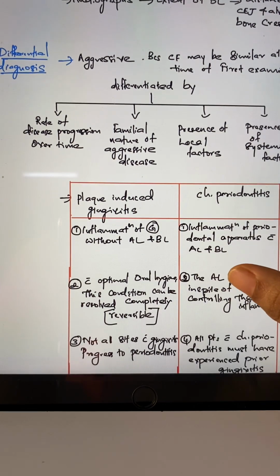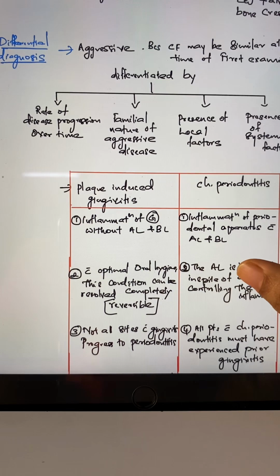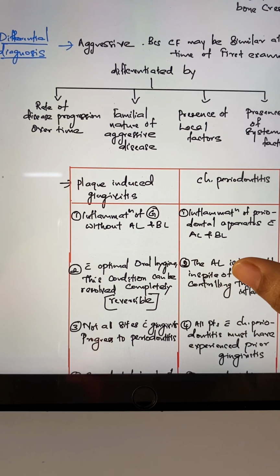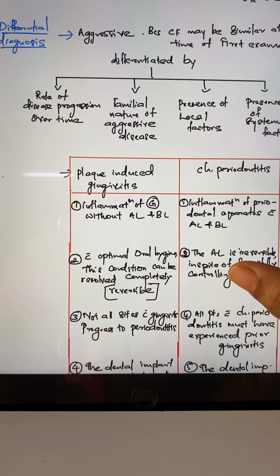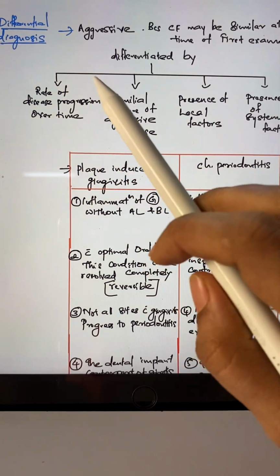Then we will discuss the differential diagnosis. Sometimes aggressive periodontitis can be confused with chronic periodontitis clinically when the patient comes to the clinic for the first time. So when we first examine, sometimes it may be confused with aggressive periodontitis. We can differentiate that by the rate of disease progression over time.